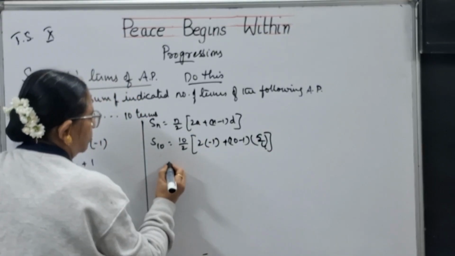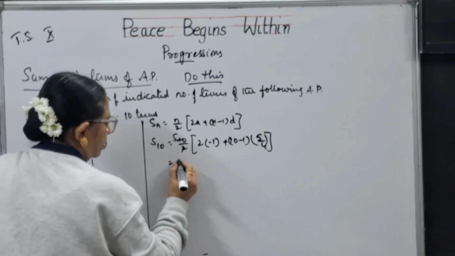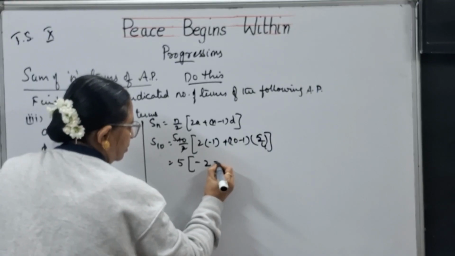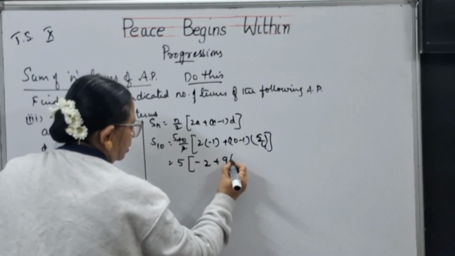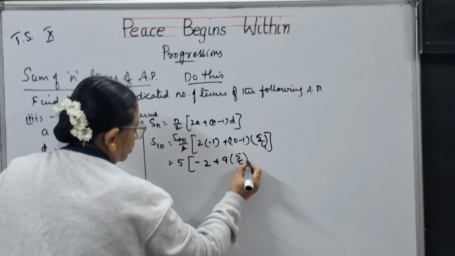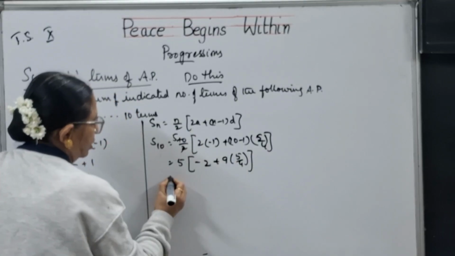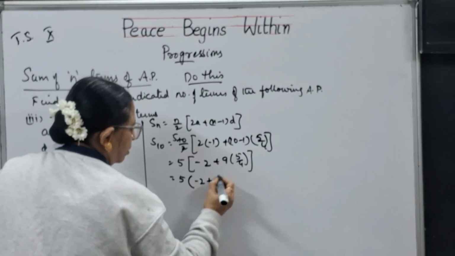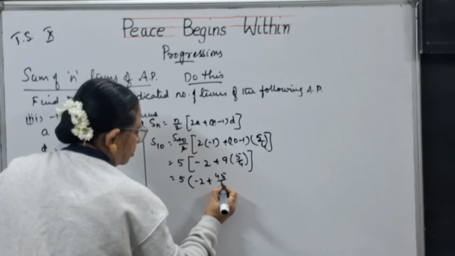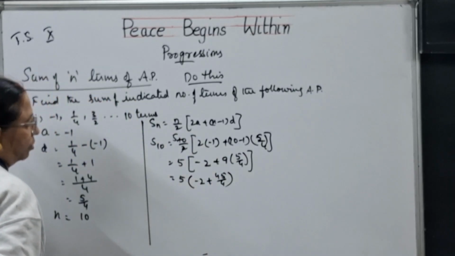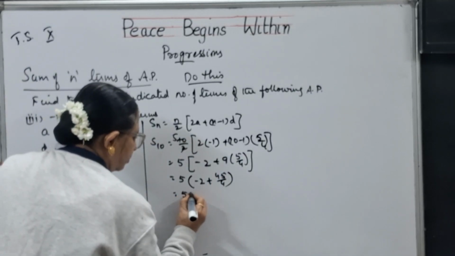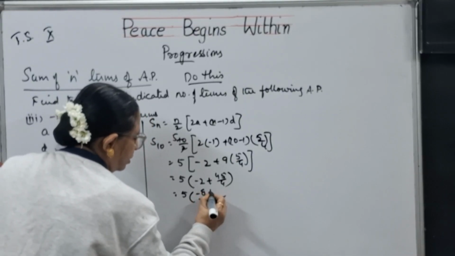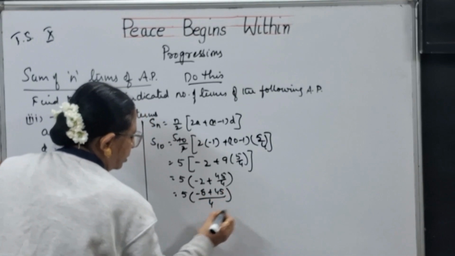Okay. This means 2 and 2 fives are 5 into minus 2. Then plus 10 minus 1 is 9 into 5 by 4. You cannot simplify it. So 5 into minus 2 plus 45 by 4. 9 fives are 45. That is 5 into, LCM is 4, minus 8 plus 45.